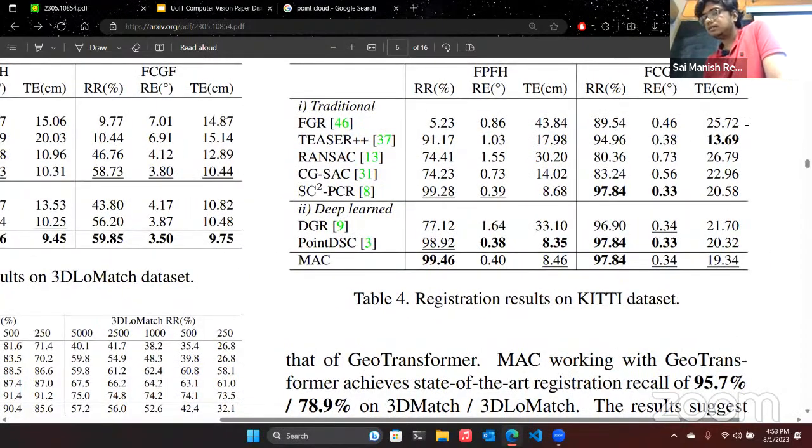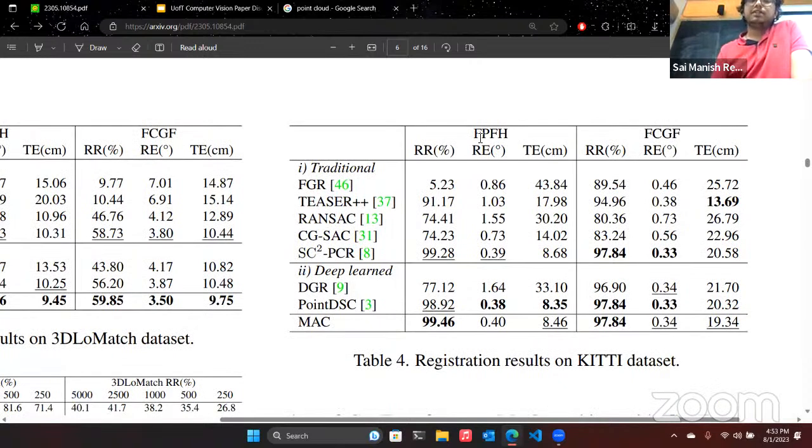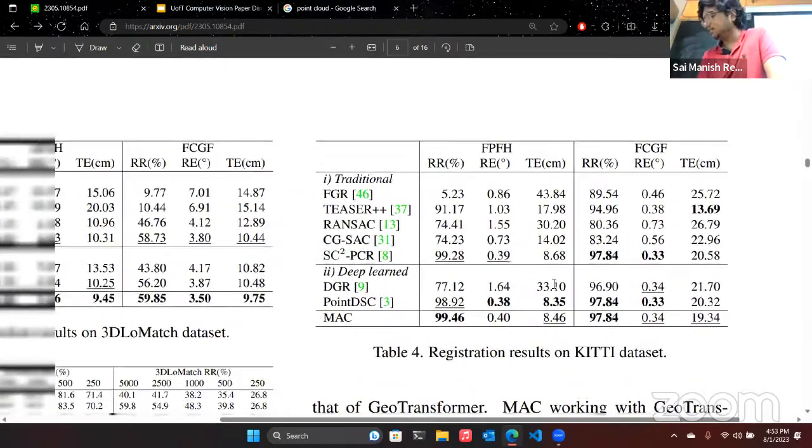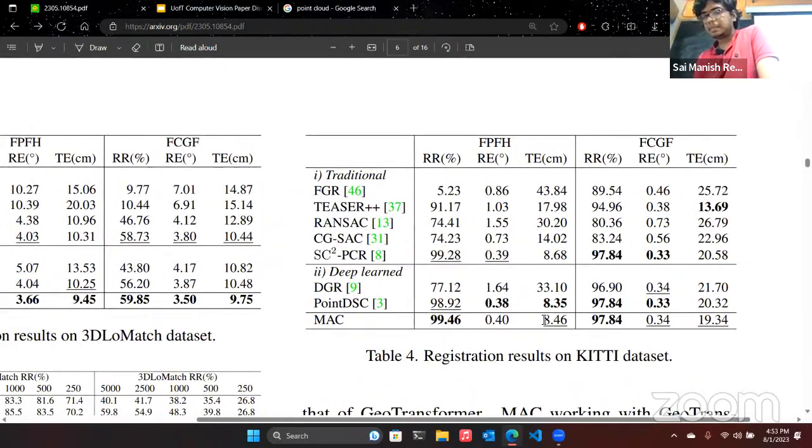Oh, so for the FPFH part, the error of MAC is actually more compared to the others. More? How is it more? But it's only for 1 or 2, right?